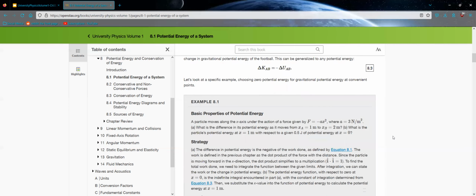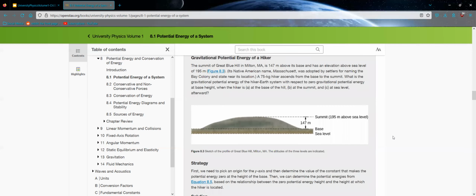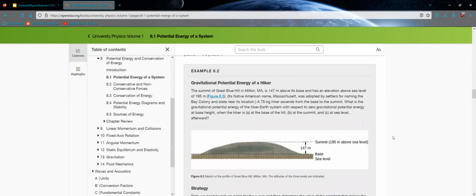All right. With that all being said, let's go over question 8.2 here. You are hiking the Great Blue Hill in Milton, Massachusetts. That's about 147 meters above its base and has an elevation above sea level of 195 meters, as shown in the image here.